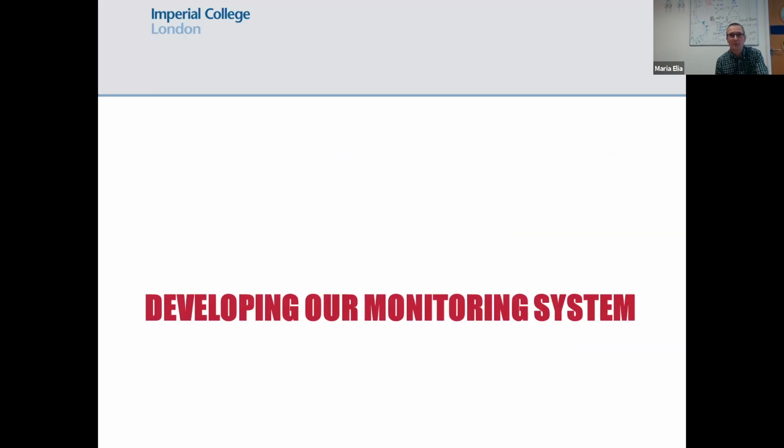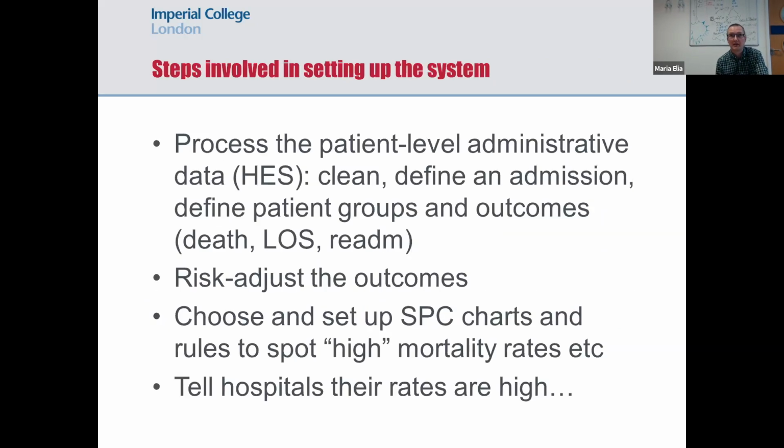So now I want to tell you a bit about how we developed our monitoring system. We benefit in this country from patient-level hospital data covering every admission to hospital that we have in England. And there are all sorts of cleaning routines that you need to do to get the data into the shape you need.